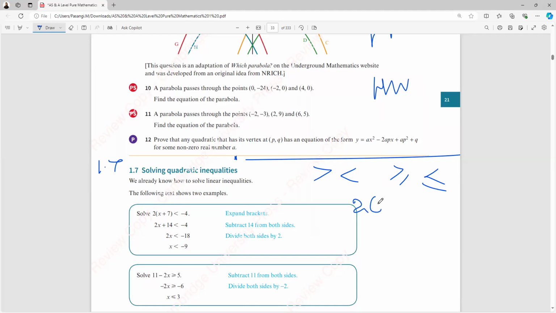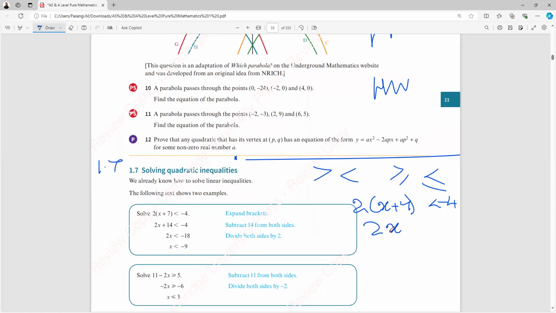So here we have 2 times x plus 7 less than minus 4. Then what do we have to do? First, we need to remove the brackets and expand it. Then we have 2x plus 14 less than minus 4. Then we can make the subject 2x.